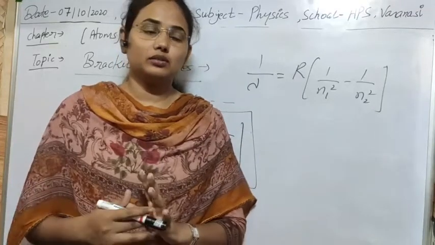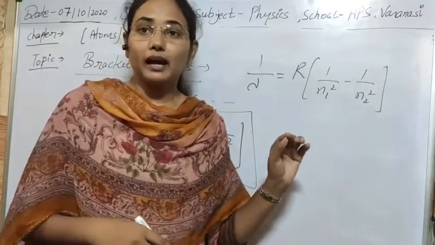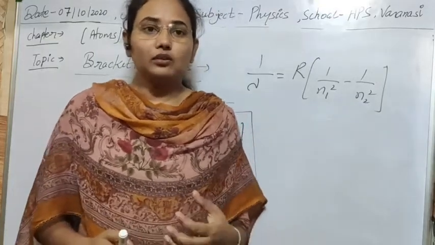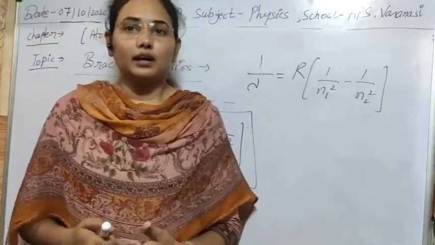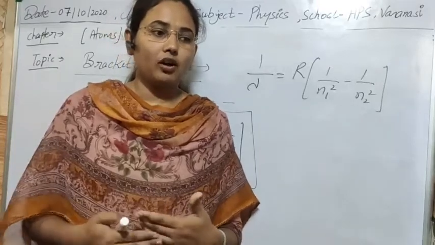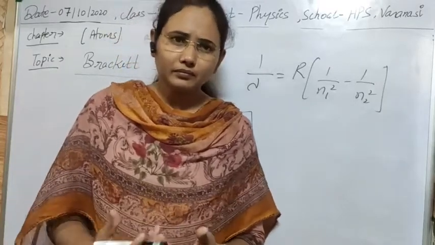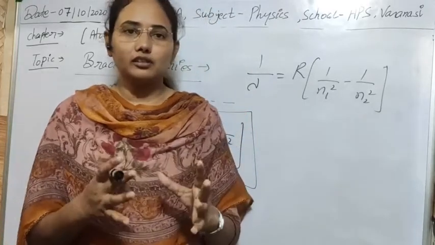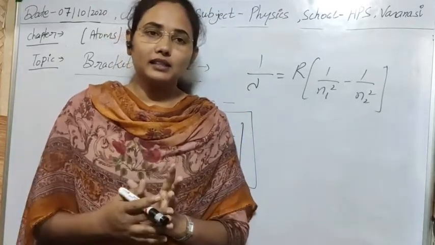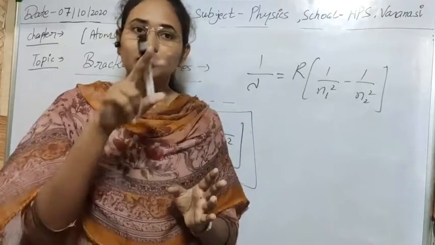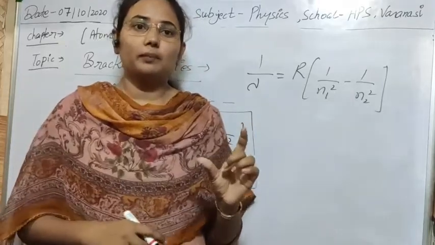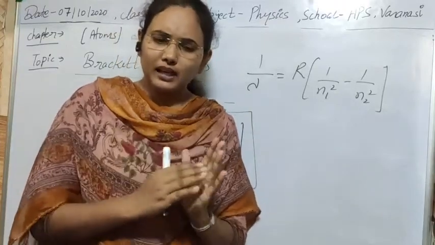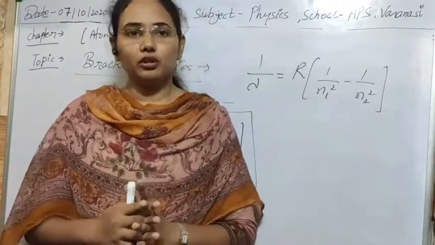I have already told you how, with the help of the Bohr model, we can calculate the behavior of simple systems of electrons and protons, like velocity, energy and the size of the orbit. All these things are calculated easily with the help of the Bohr model.